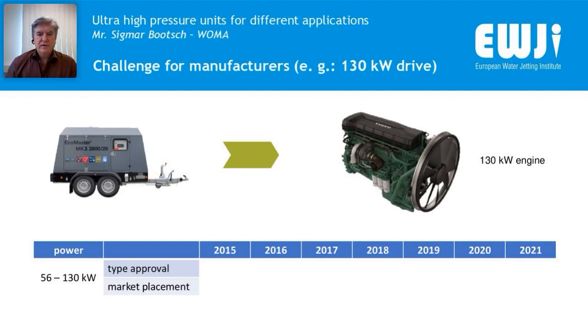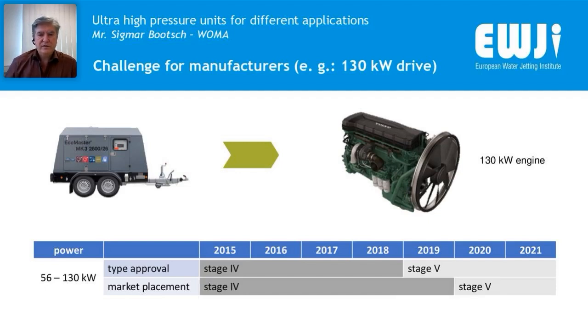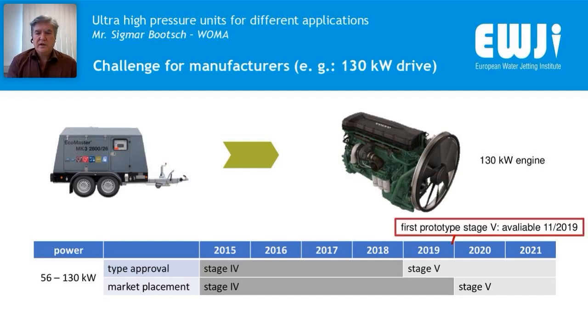The type approval of this stage 5 engine was determined to be the 1st January 2019, and therefore the market placement 1 year later on the 1st January of 2020. But things turned out differently, and we got the first prototype stage 5 engine in November 2019. So we had extreme effort to bring this unit to a stage 5 unit.